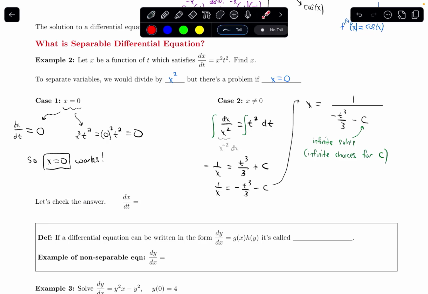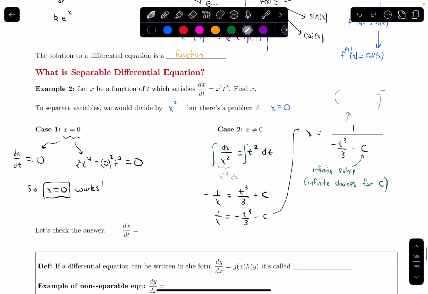How could I check whether this actually works? Well, we could take it and plug it into this equation on both sides and see if they're equal. So let's do that. I've got to take its derivative. To do the derivative, I can move this whole denominator term up to the numerator, and that'll make it have a negative 1 power. In the parentheses, I just keep it as it is.